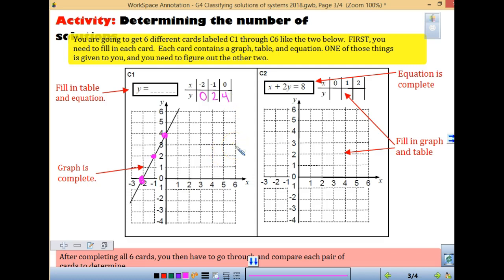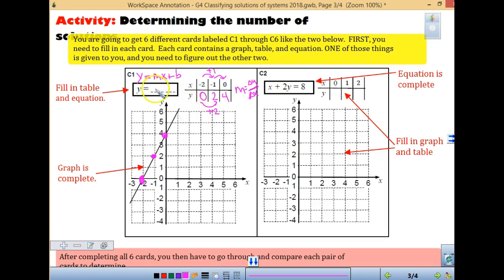So from this, can we write any equation? Our x is changing by how much? 1 each time, right? But our y is changing by 2. Remember, when you go to find slope, it's change in y over change in x. When you're asked to write your equation, it's going to be in the form y equals mx plus b.